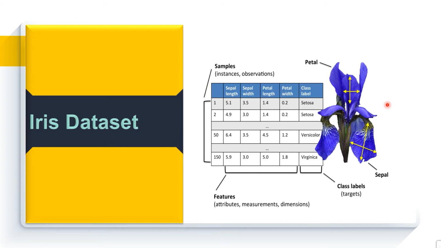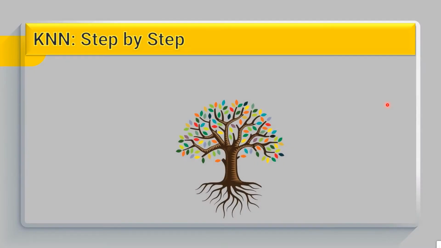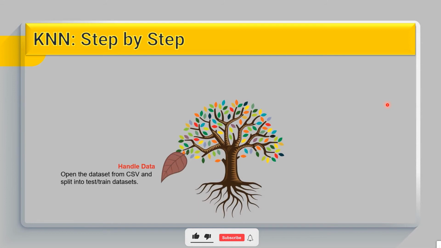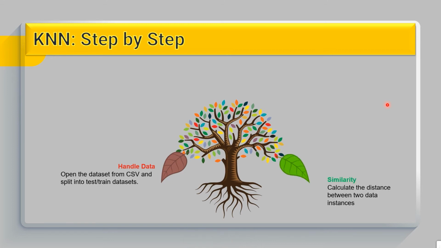Now let's see what are the step-by-step solutions to perform a KNN algorithm. First, we'll start by handling the data. We have to open the dataset from the CSV format and split the dataset into the train and test part. Next, we'll calculate the similarity, where we have to calculate the distance between two data instances.